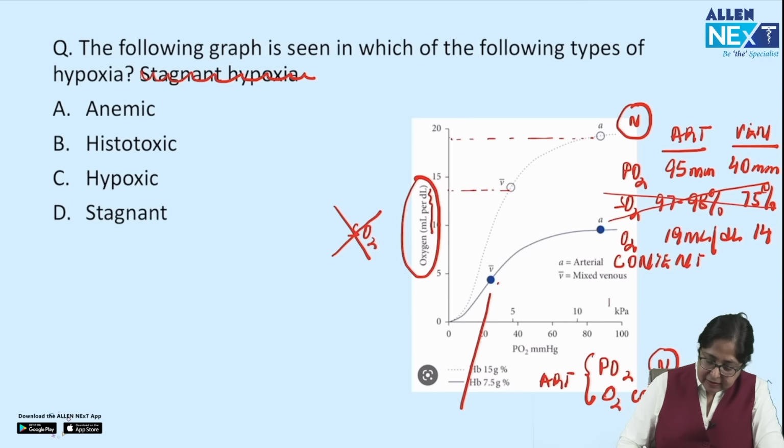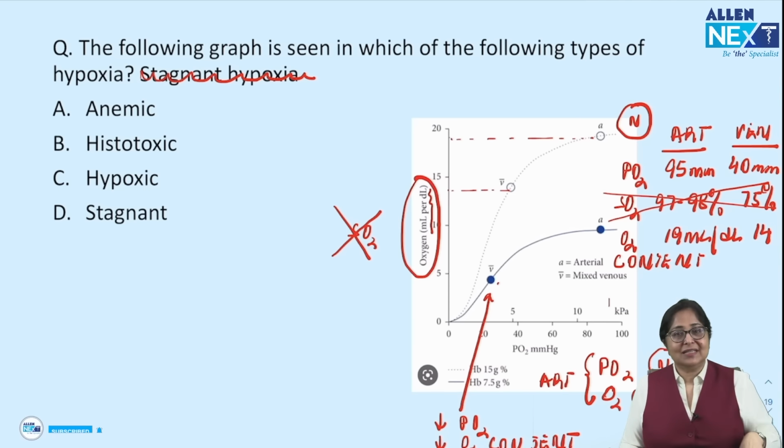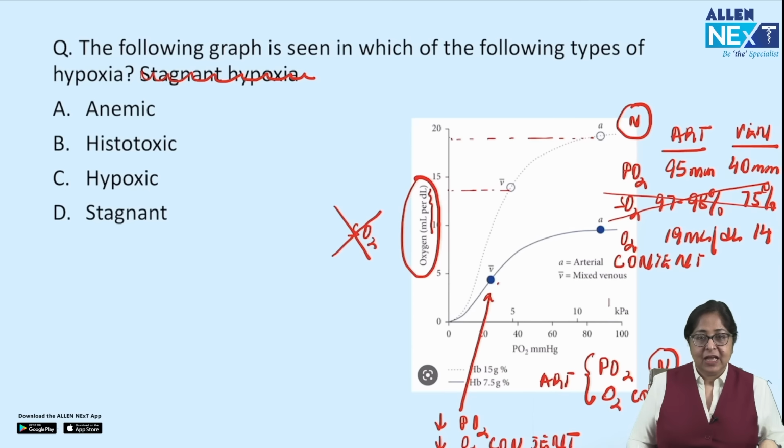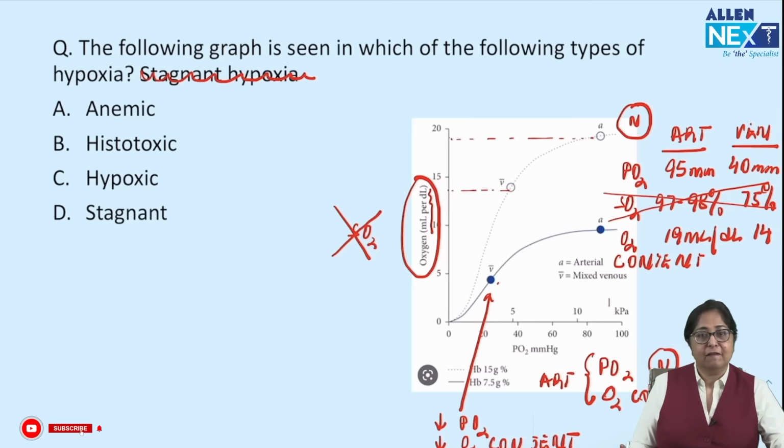Venous side, there is a reduction in the PO2. PO2 is less than normal, less than 40. And there is also a decrease in the oxygen content. Right? So which is this type of hypoxia? The oxygen content is reduced in the arterial side as well as the venous side.